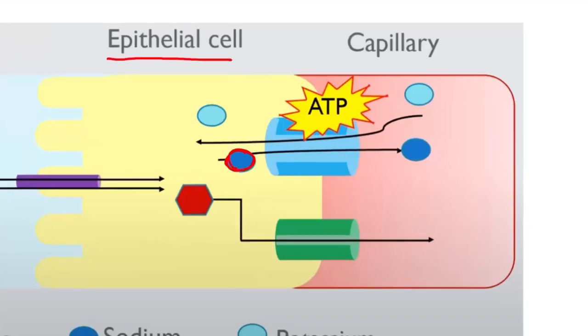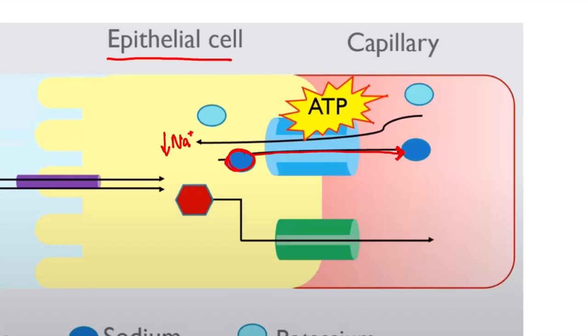Your sodium is going to move from your epithelial cell into the capillary by using active transport, and that's going to decrease the sodium ion concentration because we're actively transporting the sodium ions from the epithelial cell into the capillary.